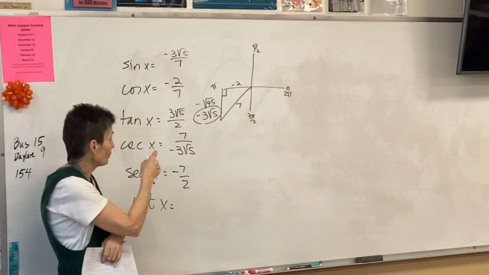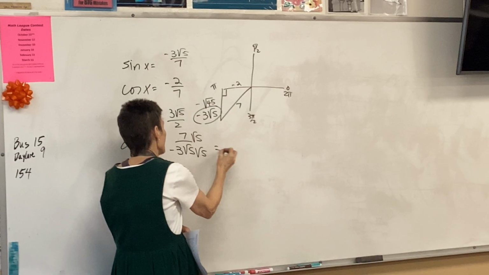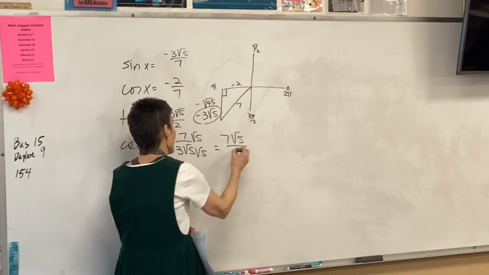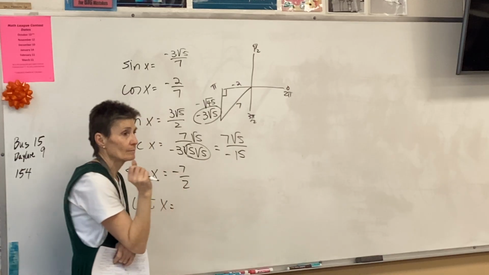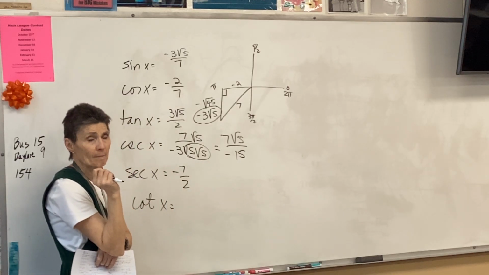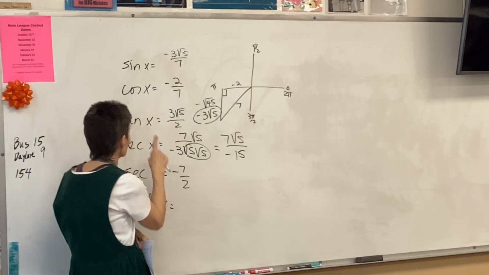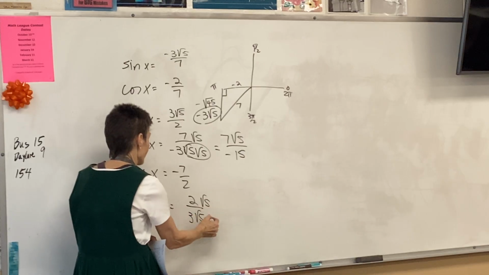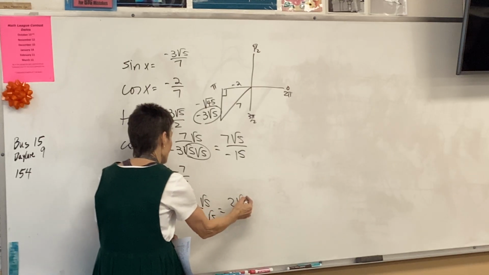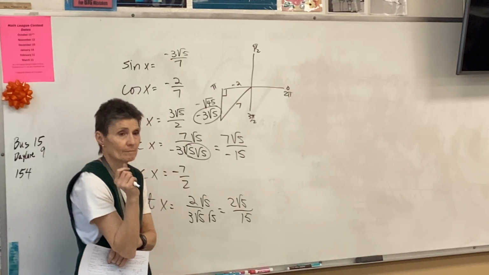You only have to worry about the root 5. So that'll be 7 root 5 over negative 15, 5 times 3. And then cotangent is 2 over 3 root 5, so 2 root 5 over 15.